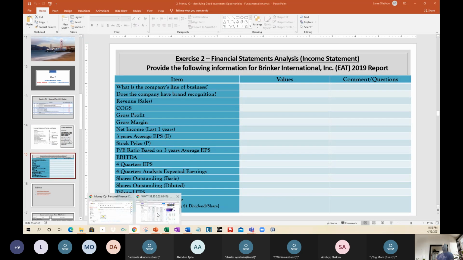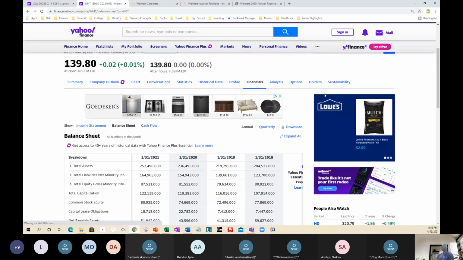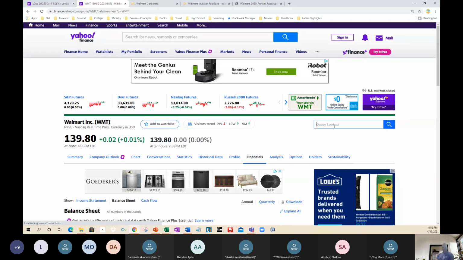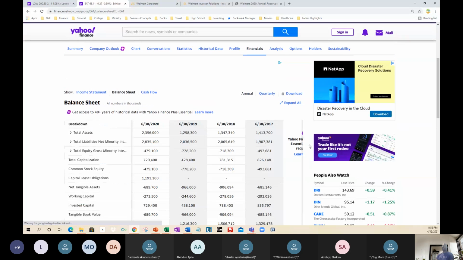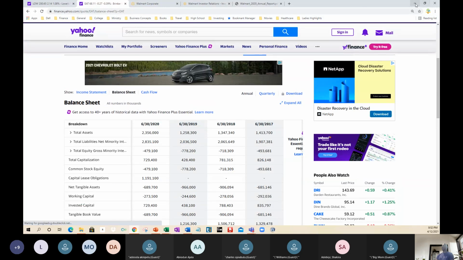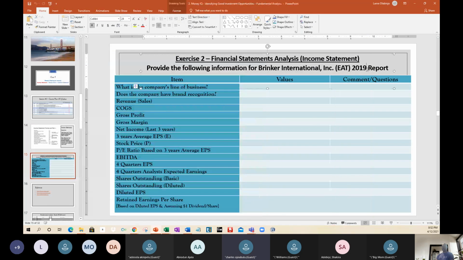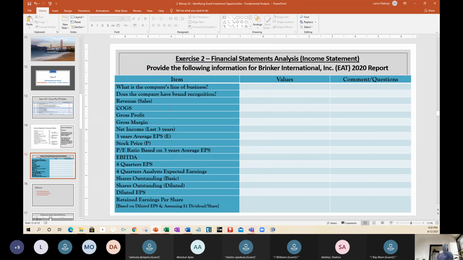I think they should have their 2020 financial report already. Yeah, they have their 2020 financial report. So I'll correct that to 2020 instead of 2019. So the assignment is to complete these items for Brinker Inc., also called EAT as their ticker symbol.